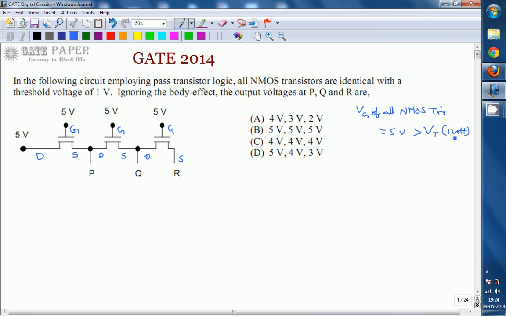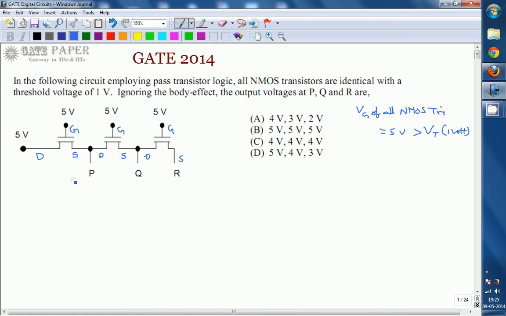Since the gate voltage is 5 volts, greater than 1 volt, all NMOS transistors are in the on condition. Whenever they are on, drain and source get shorted, so whatever voltage you apply at the drain may be passed to the source. We can assume Vs is always Vd, but there is a small condition to be known.